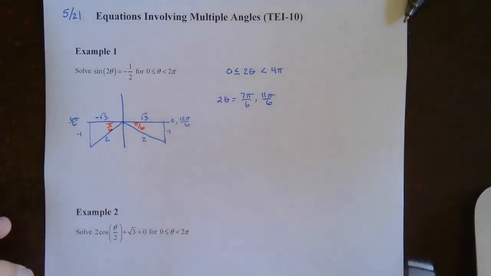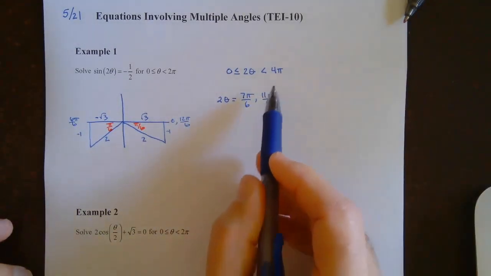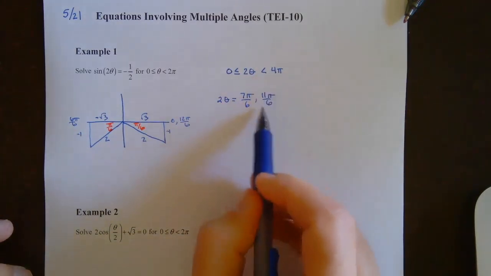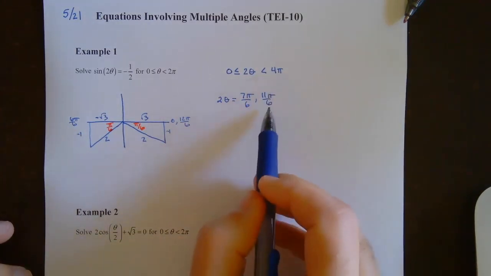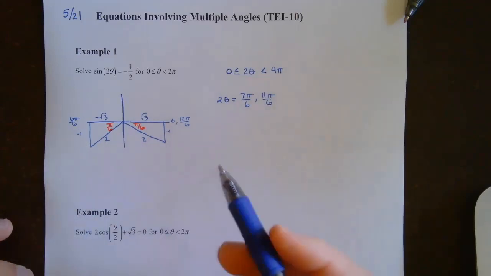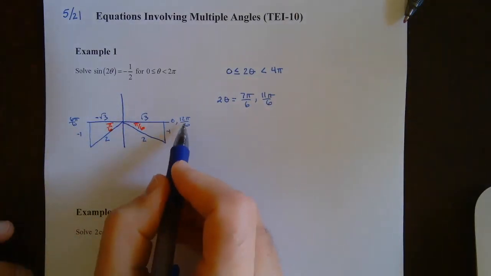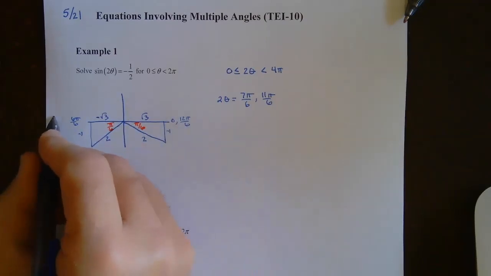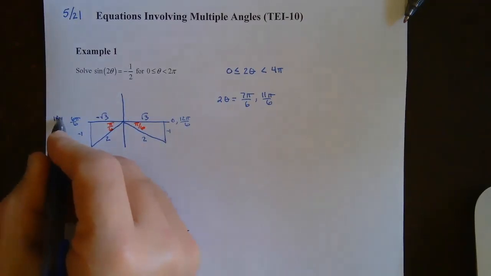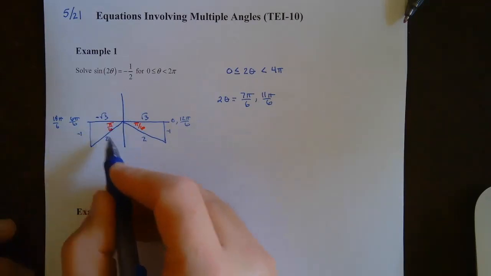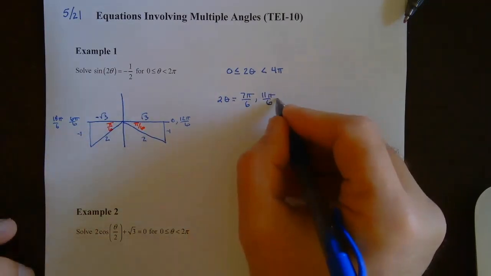That's going around once, and we're not to 4 pi yet. These have to be under 4 pi, and they are, but we can actually give more than that. If we keep going, this was 12 pi over 6, this would be 18 pi over 6, and we need to go one more, so that would be 19 pi over 6.